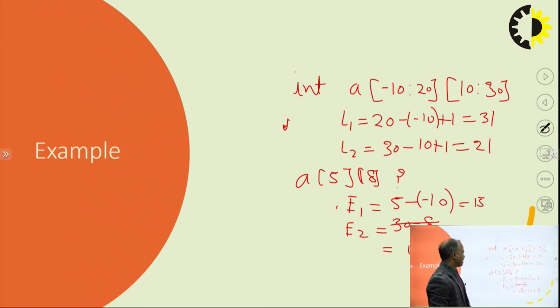So we are able to find out the E1 and E2. Now everything is well defined. We have E1, we have E2, we have L1, we have L2. Now we need to place these values, and after placing these values we can easily compute the address of any memory location.